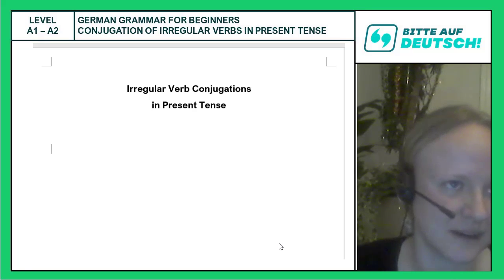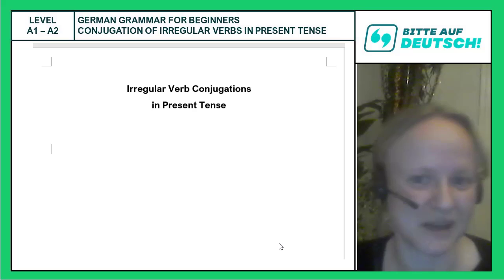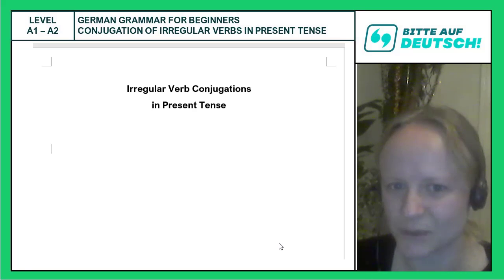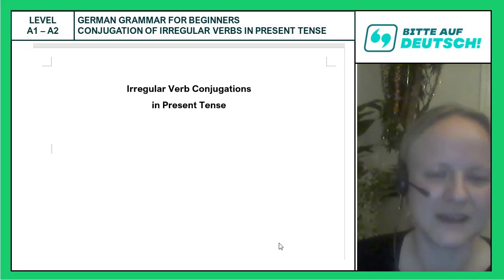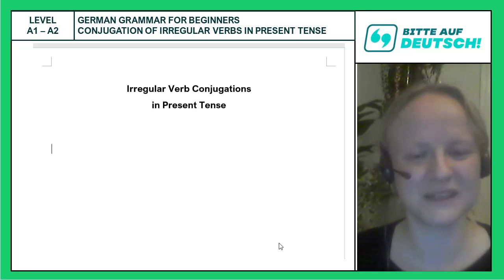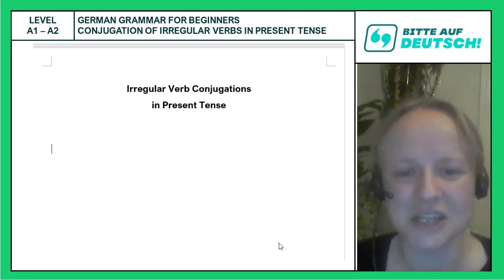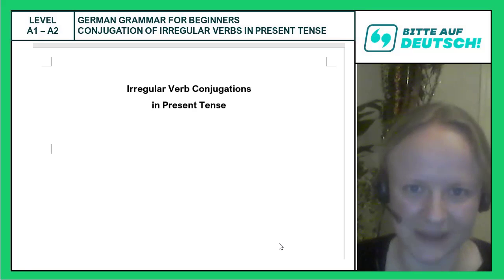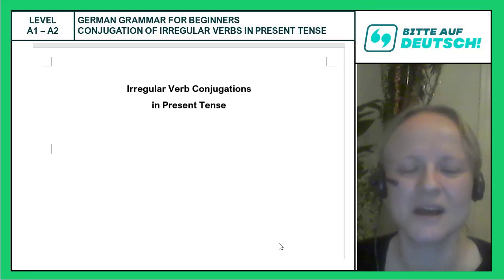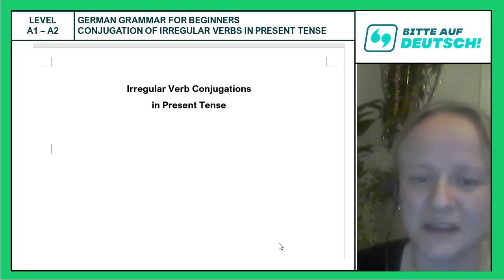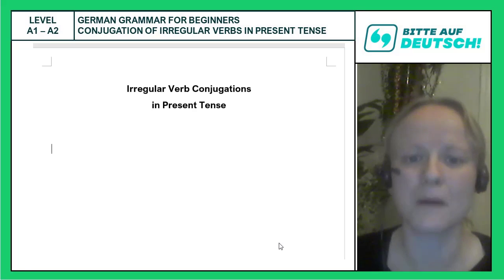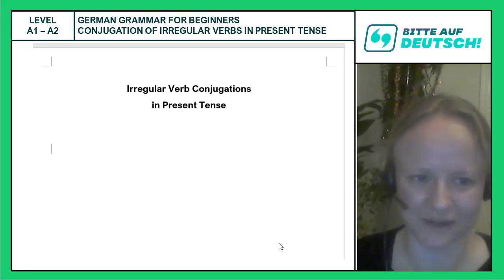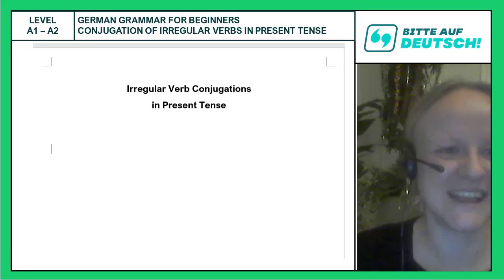And if it is irregular in present, it might be regular in the way it forms its participle. Okay, so regular and irregular is nothing that is firmly attached to the verb. It might change depending on which tense we're looking at. So please bear in mind all of the irregularities I'm explaining to you today are particular to present tense irregularities. Okay, good. Let's start.